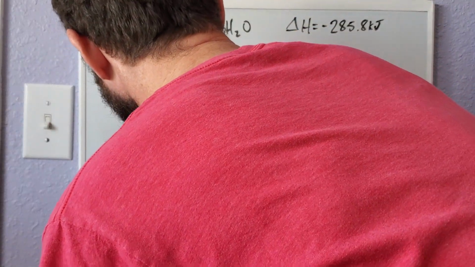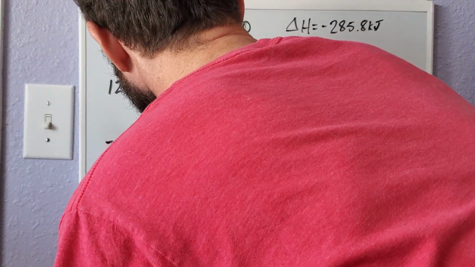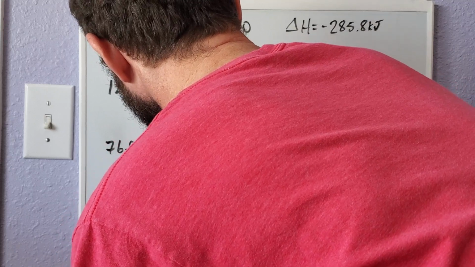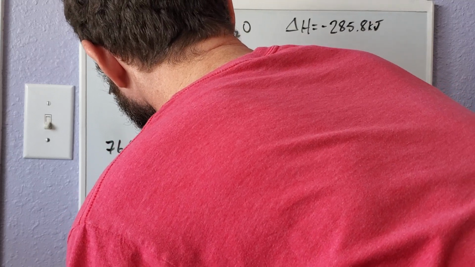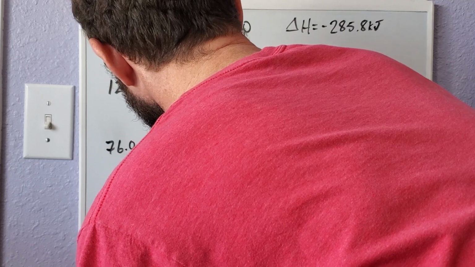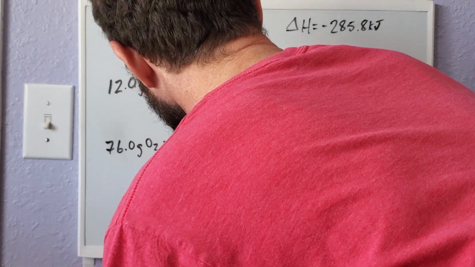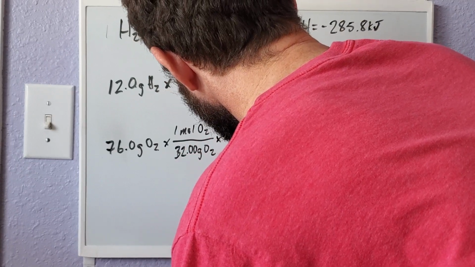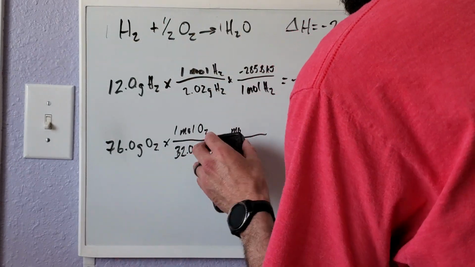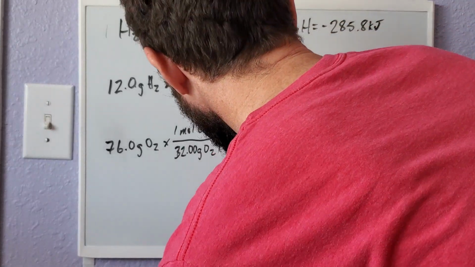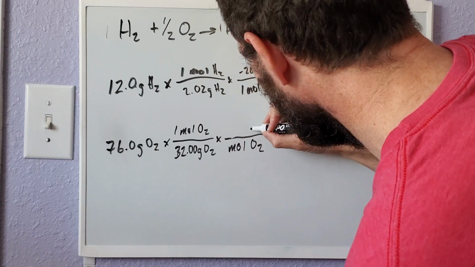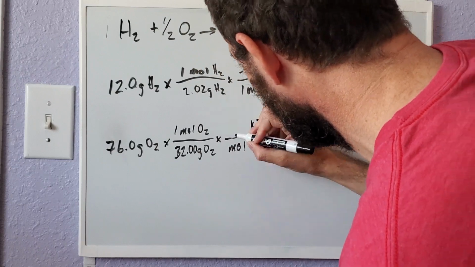Doing the same thing with my O2, treating it the same way that you would with any other limiting reactant problem. You know that 1 mole of O2 is going to be 32.00 grams of O2. And then convert our moles of O2 into kilojoules using the same balanced chemical equation.